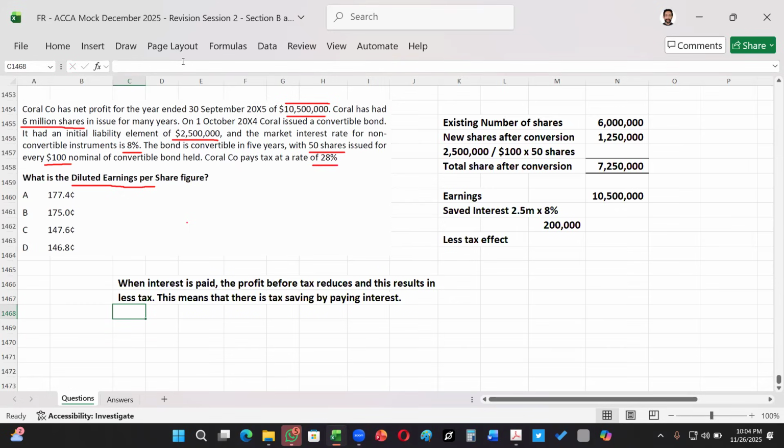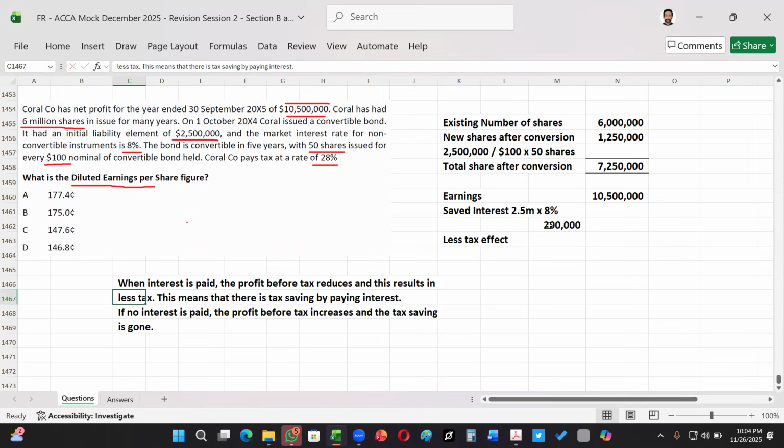Okay, so if no interest is paid, the profit before tax increases, and the tax saving is gone. Okay, so this is easy to understand because we are not paying any interest. We are saving this interest, but there was some tax saving.